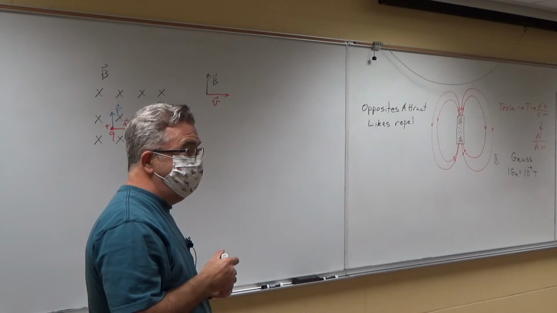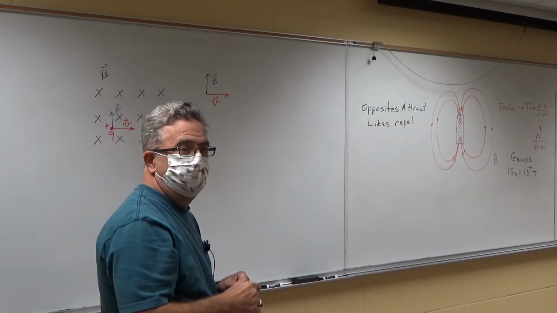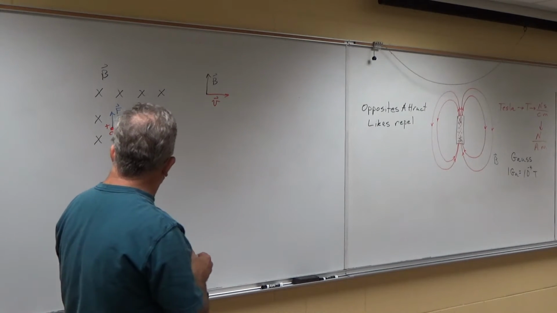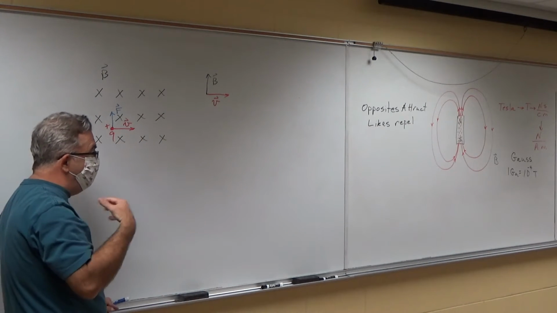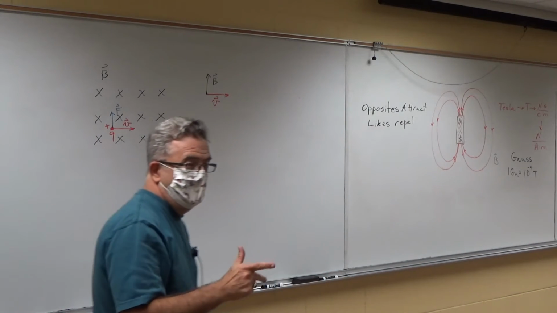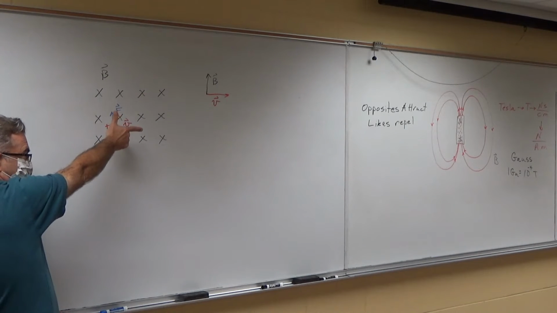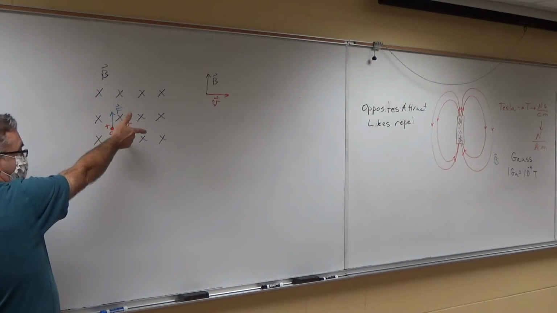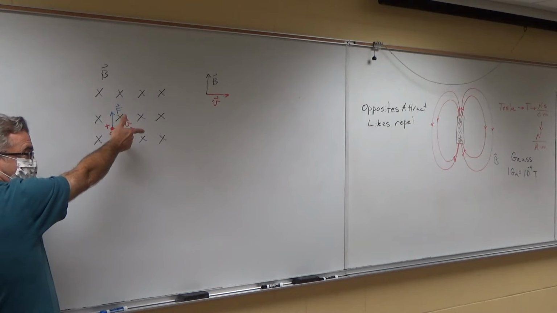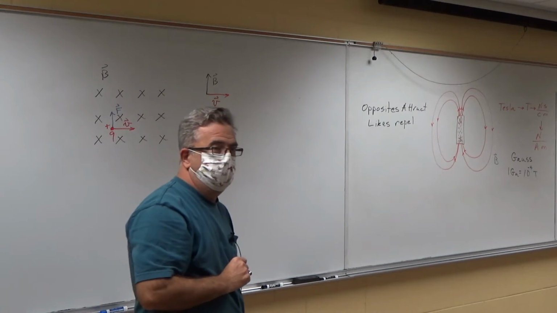If the charge is negative, you flip. So if it were an electron, this is the way I do it. Some people will tell you to do it with your left hand. I won't. But if you do it as if it's a positive charge, and it happens to be an electron, it's negative, so you flip. The force flips.